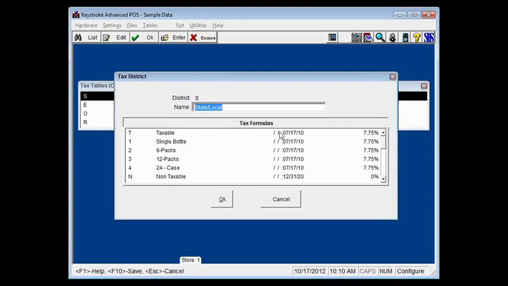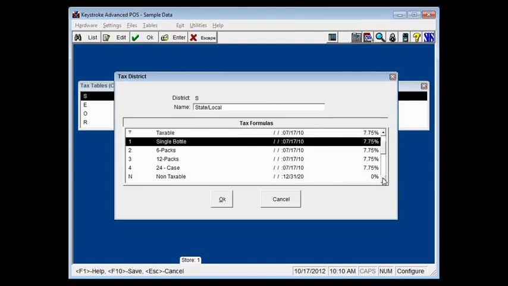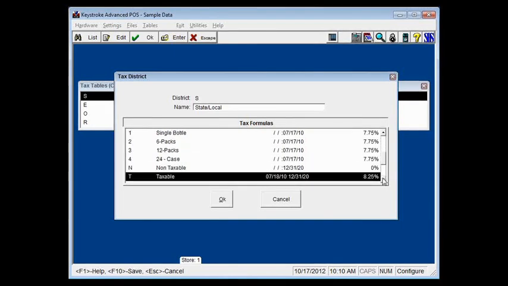In this case, the beginning date is blank, so that's kind of at the beginning of time, but this particular tax formula ended in the middle of July of 2010, as did a lot of these. And then as we go further down, we start all of these same or similar formulas again that began on July 18th and go through the end of time, where our tax rate is 8.25%.